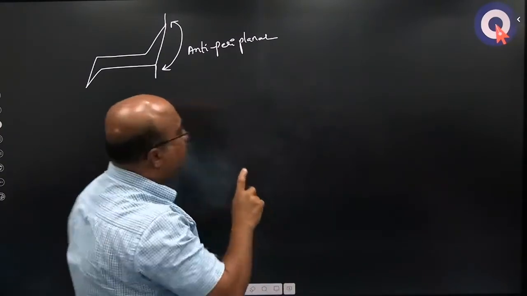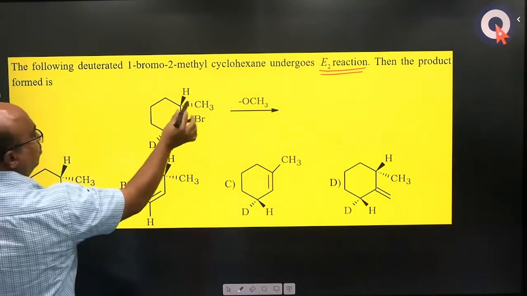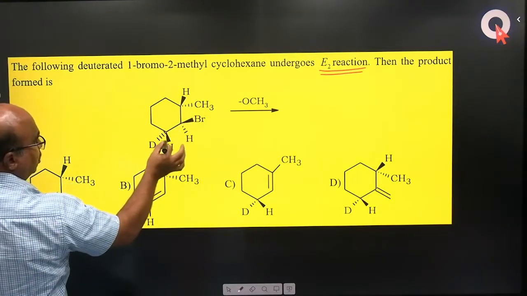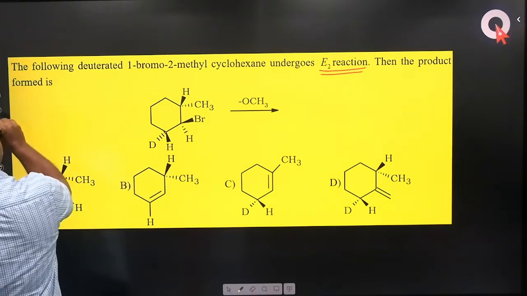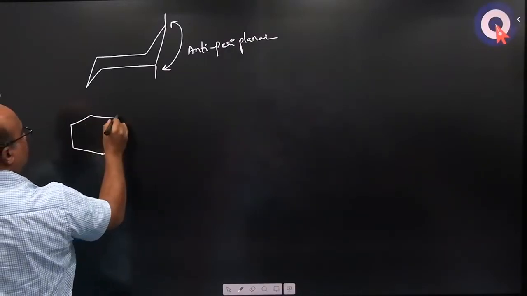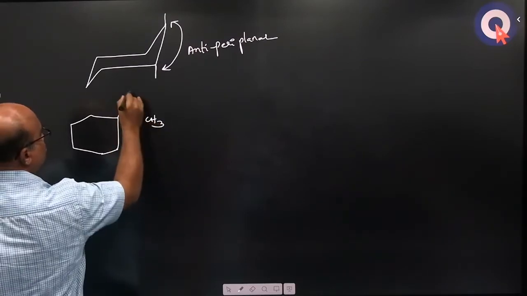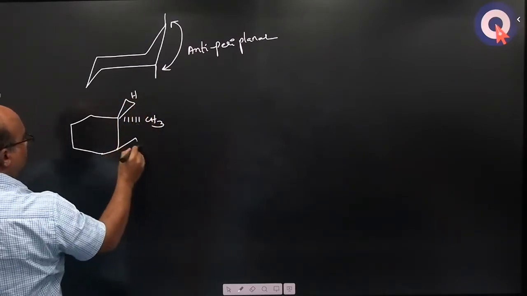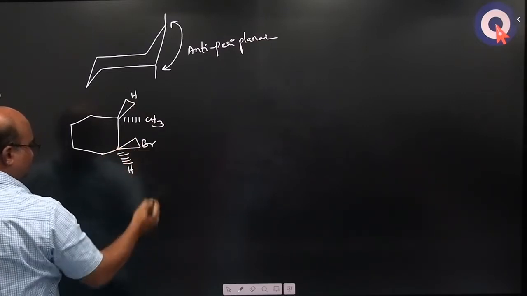So when we try to represent that structure, what is the structure that we had? Let us see. H, CH3, Br, H, D and H. This is what we had. H is above, CH3 is below here. Here Br is above, I think, and hydrogen is below. We will change it if it is not the same.